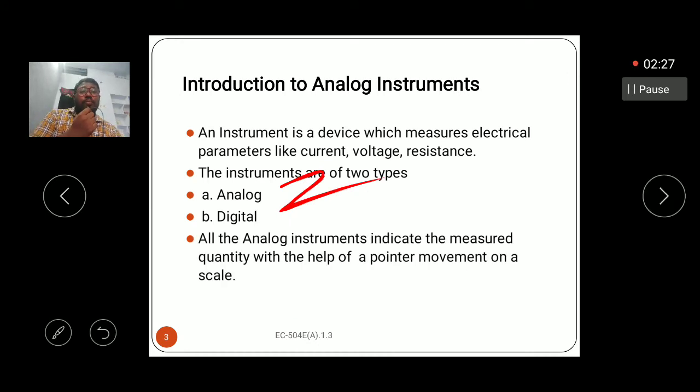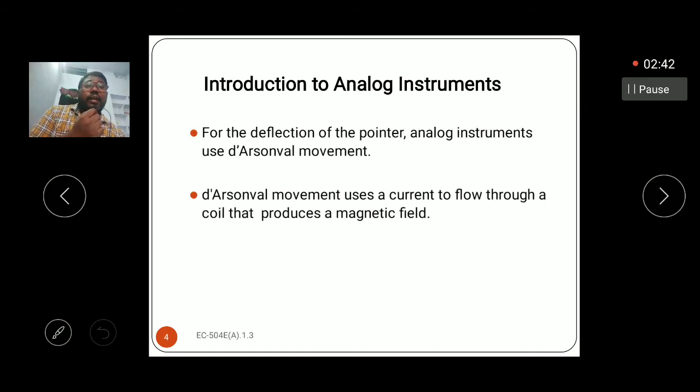All the analog instruments indicate the measured quantity with the help of a pointer moving on a scale. For the deflection of the pointer, the analog instrument uses the D'Arsonval movement.